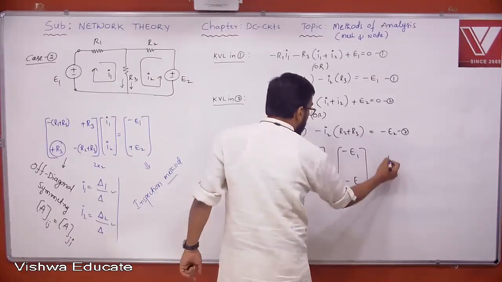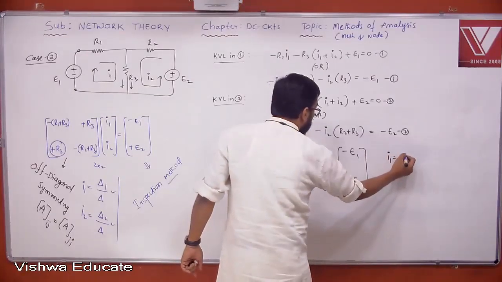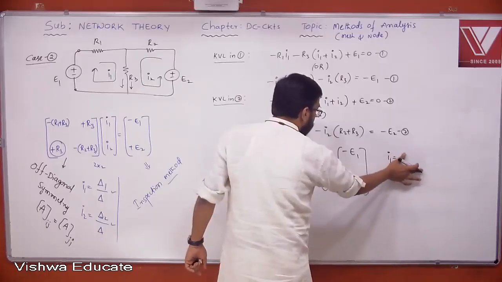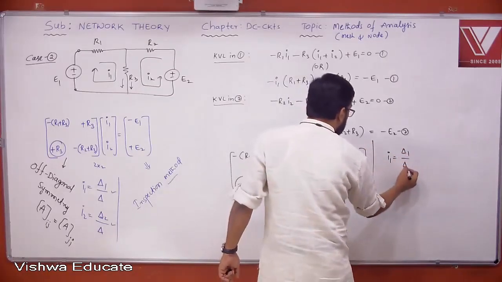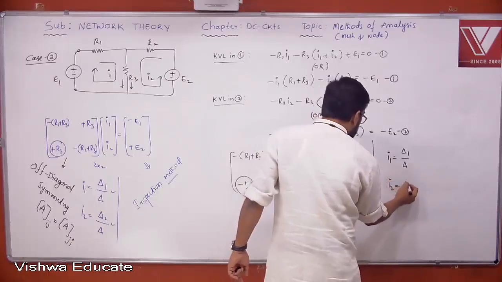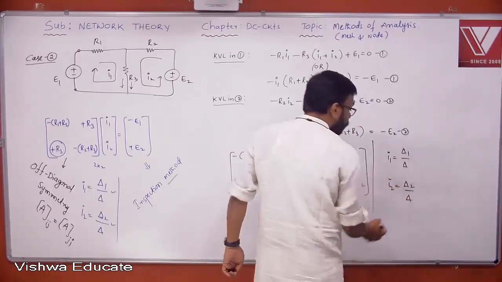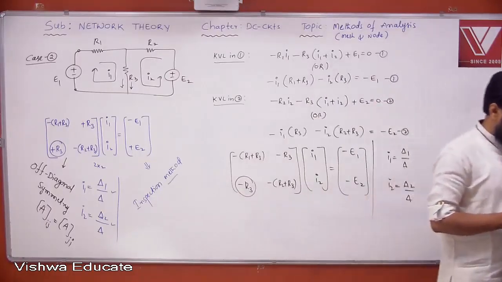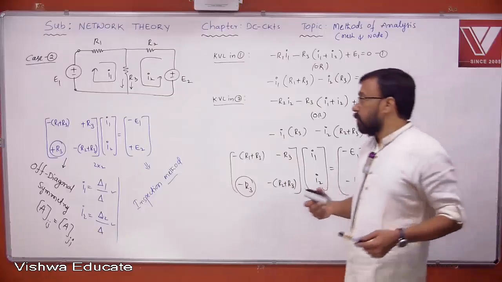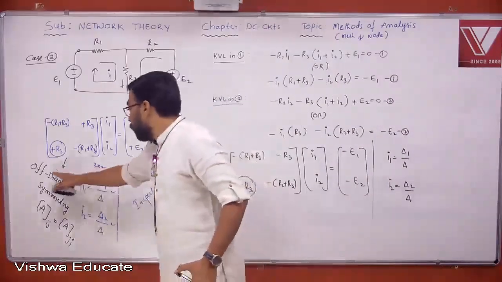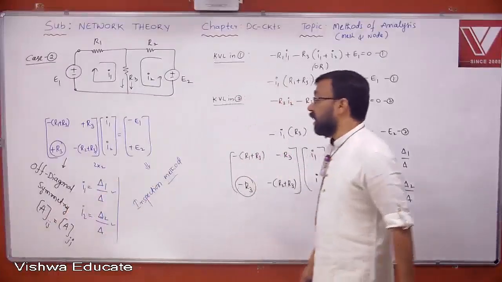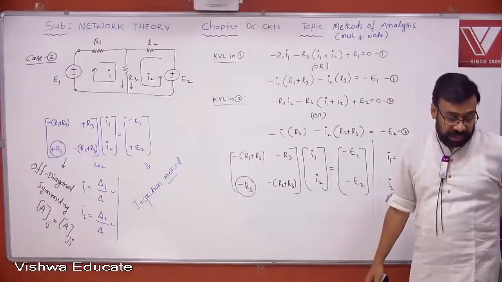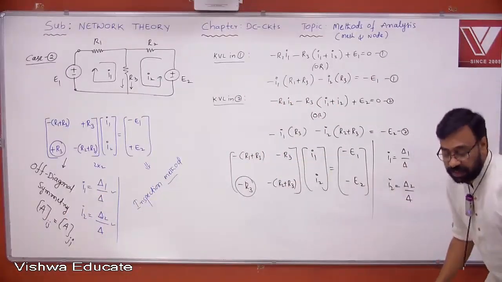That's it. So I1 is equal to delta 1 by delta, and I2 is equal to delta 2 by delta. Note down, please. You also note down here off-diagonal symmetry, Aij is equal to Aji in the previous case. Remember always the matrix.